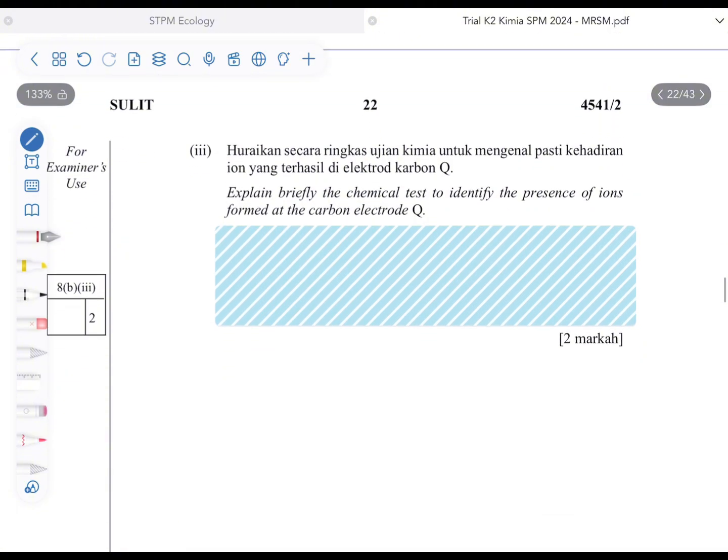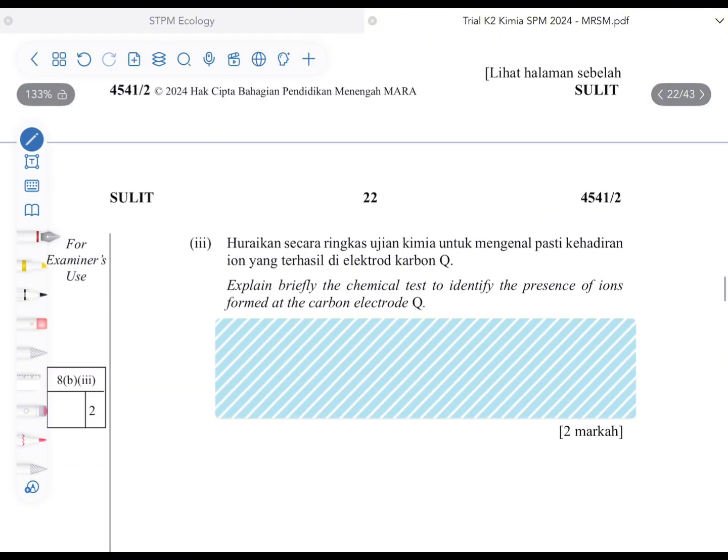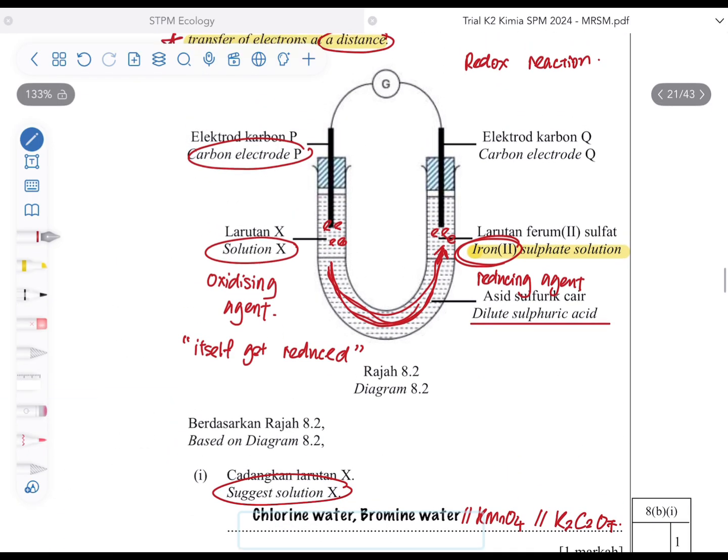Okay, the last question, I guess. Yes, the last question, the third one. Explain briefly the chemical test. This question is asking you for a chemical test to identify the presence of the ions formed at carbon electrode Q. Since this one at P gets reduced, reduction actually happens at P. So carbon electrode Q will get oxidation, right?